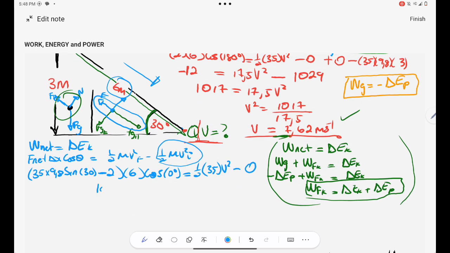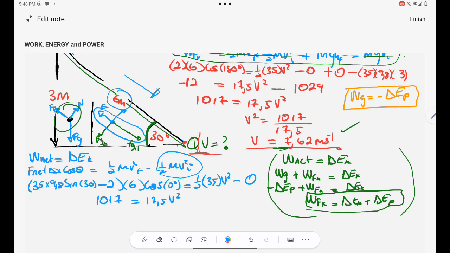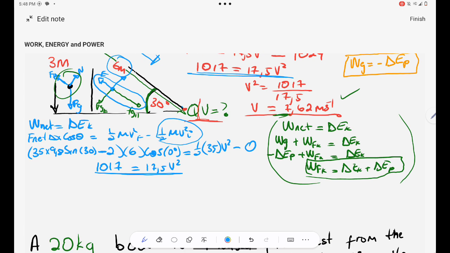This will give me 1017. 1 over 2 times 35 is just 17.5 v squared. Do you see that this step is the same as this one? Right, together. That you can therefore divide and then find the square root on both sides. Your answer will also be 7.62 meters per second.